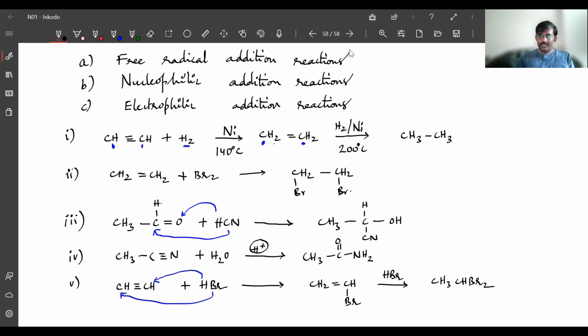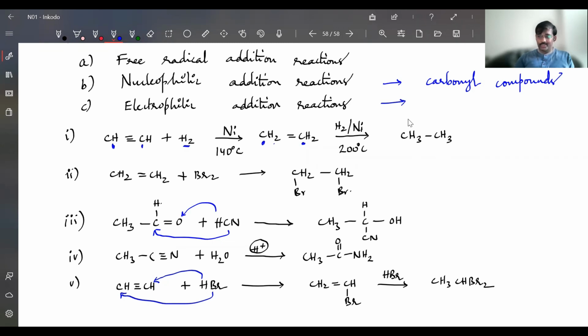Free radical addition reactions generally happen with alkenes and alkynes. And nucleophilic additions generally happen with carbonyl compounds, and cyanides also will undergo that. And coming to electrophilic additions, it will be there in unsaturated compounds only, not on benzene.